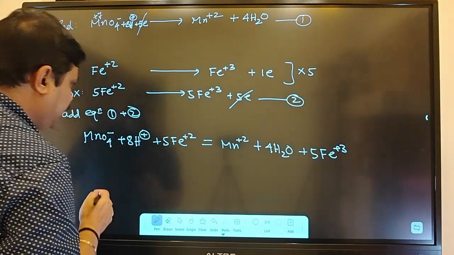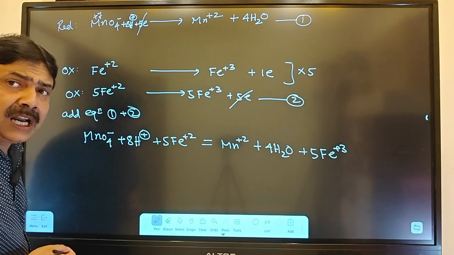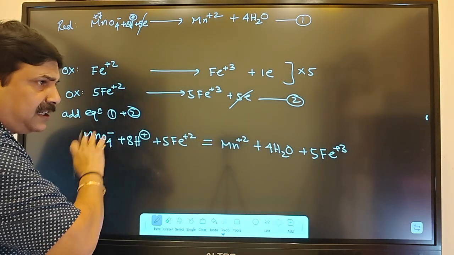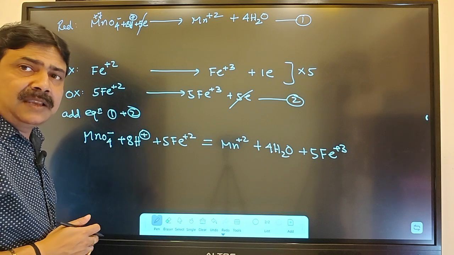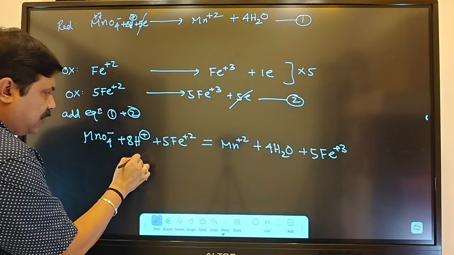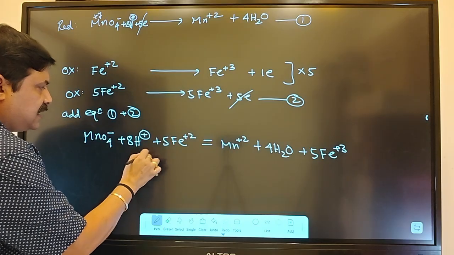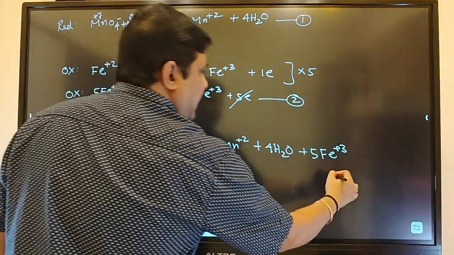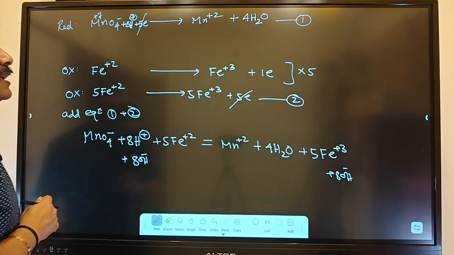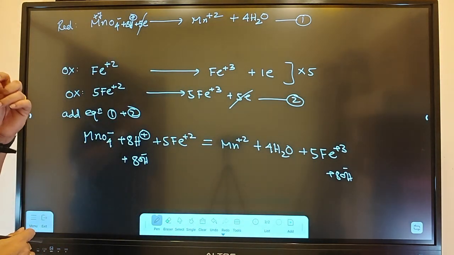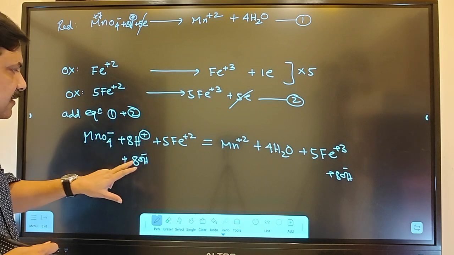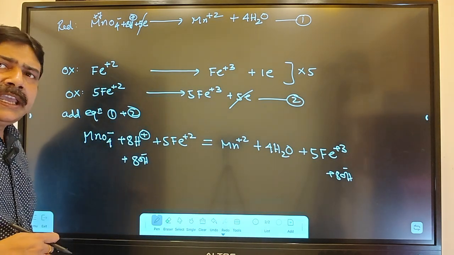If you want to do it in a basic medium, then what do you have to do? The same number of OH minus as the H plus, whichever side it is on, you need to add to both sides. So you add 8OH minus on this side and 8OH minus on this side. Now if you look very carefully, when you add that 8OH minus, 8H plus and 8OH minus will form 8 water molecules.